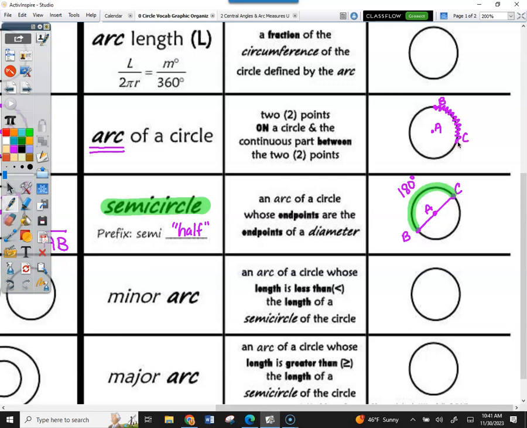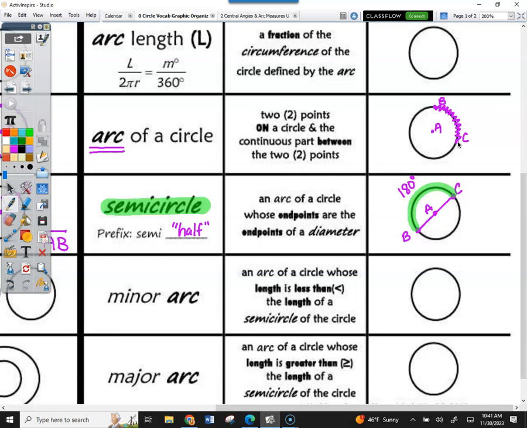That way I'm not having to highlight too much, because if you highlight too much, it kind of takes away from the whole point of the highlight. So if I have that little squiggly there, it means I want you to direct your attention to the edge of the circle, starting at B, going to C. Or you could reverse that and go from C to B.